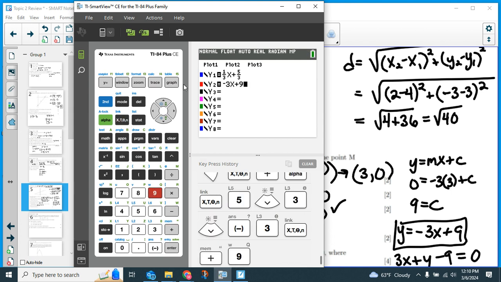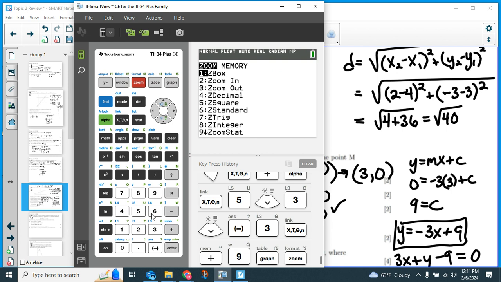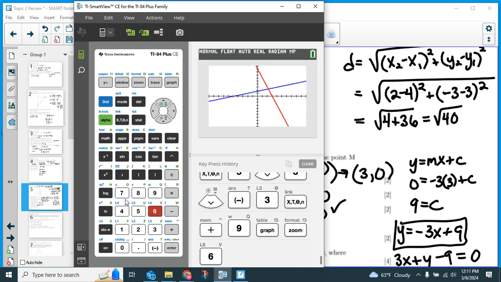I graph these things. I have a funky window right now. Guys, a very convenient thing to remember: Zoom 6 to fix. Zoom 6 always puts you back at that standard -10 to 10, -10 to 10 window.